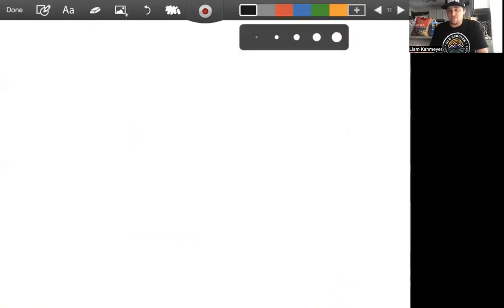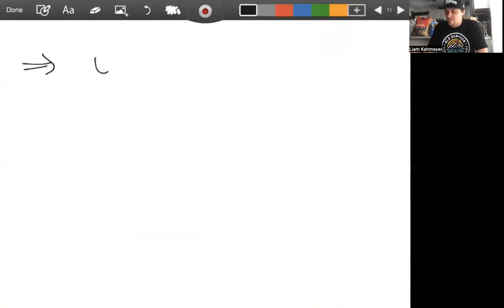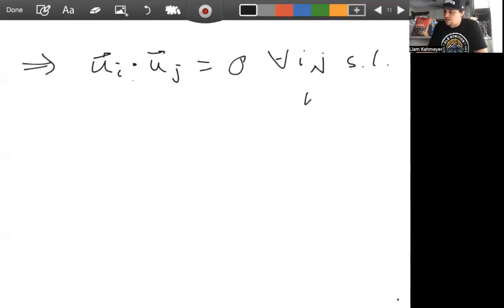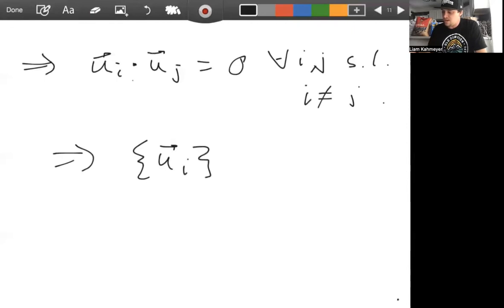What does this mean? Well, when you take the dot product, we have that ui dot uj is the Kronecker delta symbol. Well, then we have that this is 0 for all i, j such that I is not equal to j. This implies that the collection of eigenvectors ui, I goes from 1 to n, is an orthonormal set.